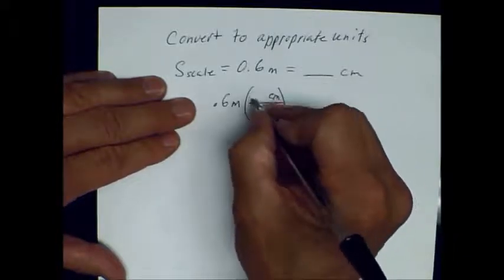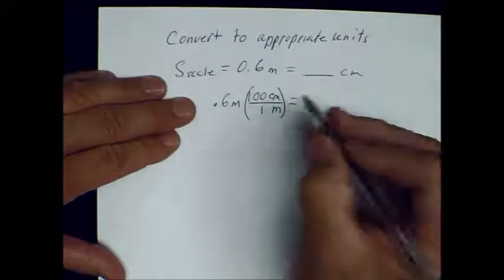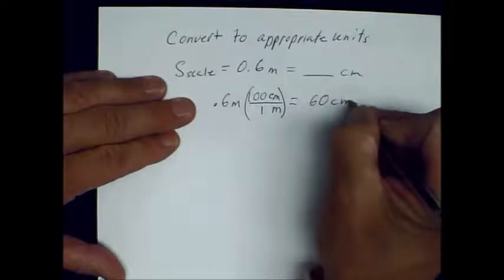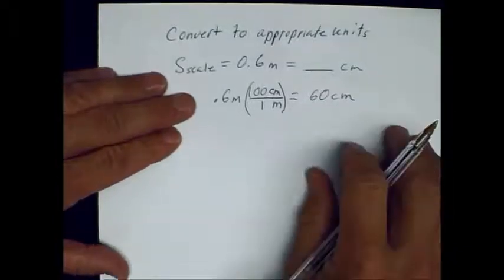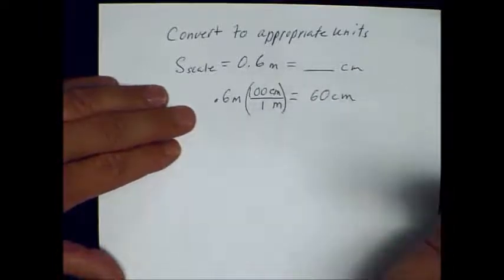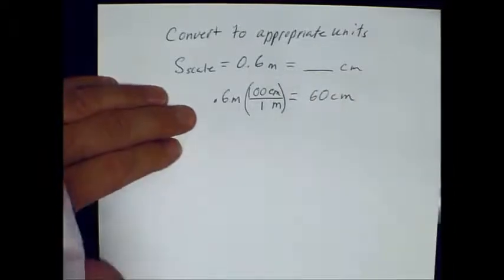We know that there are 100 centimeters in 1 meter. So 0.6 times 100 is equal to 60 centimeters, right? So that would be the factor you'd use to convert meters to centimeters. And maybe you can just look at it. You've probably done enough of these that you can just look at it and convert 0.6 meters to 60 centimeters.